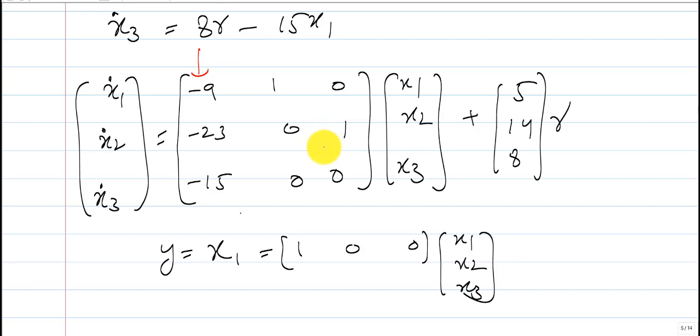Also, the elements of the column matrix B are the coefficients of the numerator polynomial of the transfer function. The first element of the output matrix C is 1, and all other elements are 0.